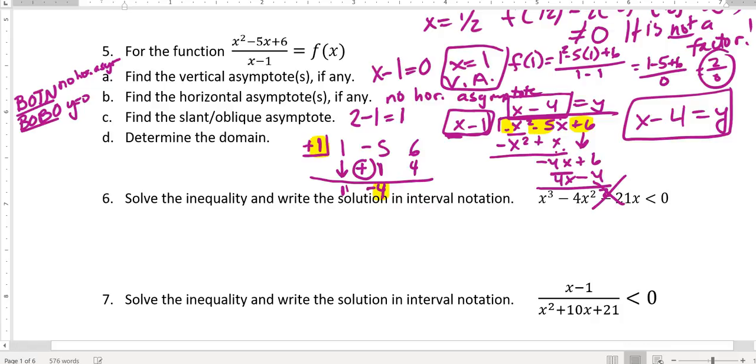So negative 5 plus 1 is negative 4. All right, let's try that. So that's going to be 1 times negative 4 is going to give me negative 4. So that looks better. And then 6 minus 4 is 2.